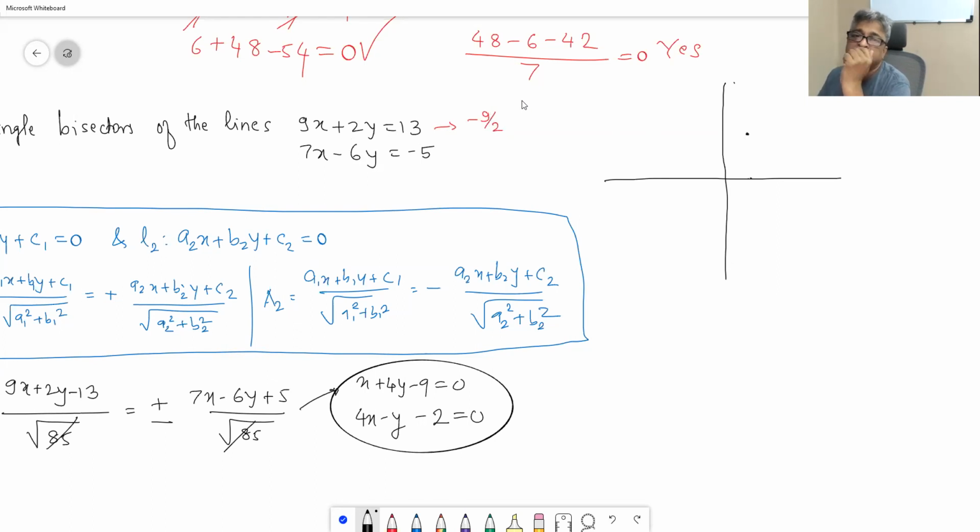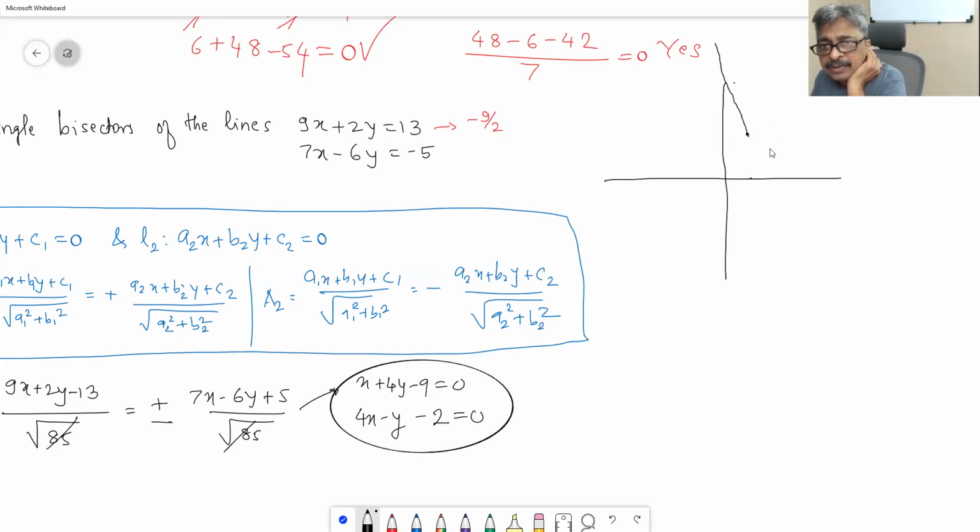That means if I go 2 units in positive direction of x-axis, I go minus 9 units in the y direction. Therefore, this line is approximately going to be like this.